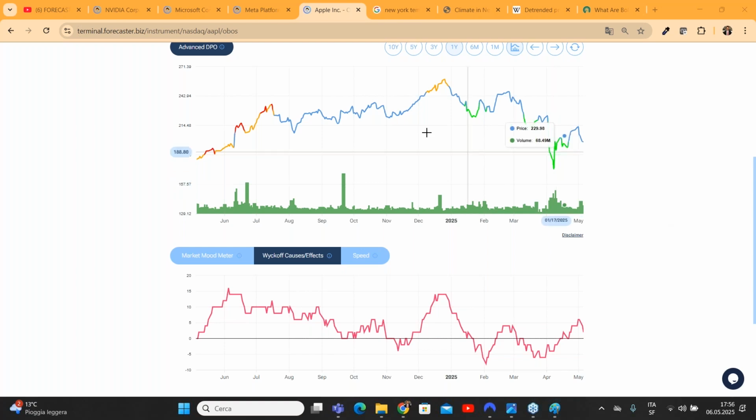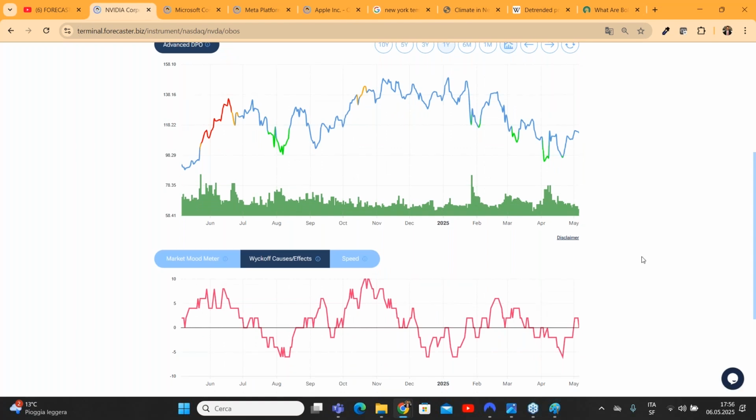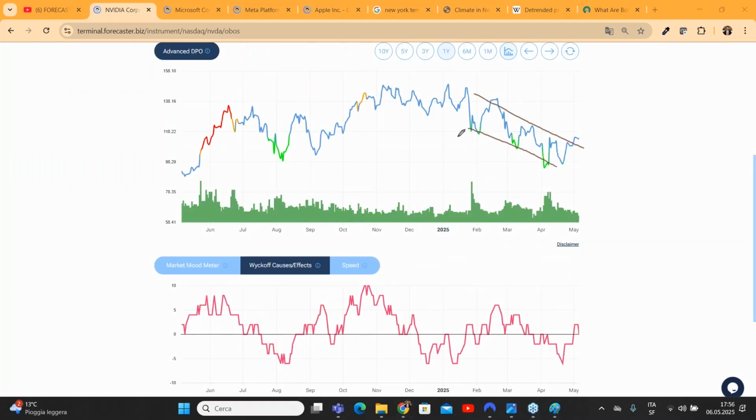If we go back to Nvidia, okay, also here you can find an interesting situation, of course, because, for example, on all this downward movement, as you can see, here you have an important low for the indicator, okay, and here you have some lows, and then the prices went down, but at the end of the day we didn't have new lows.